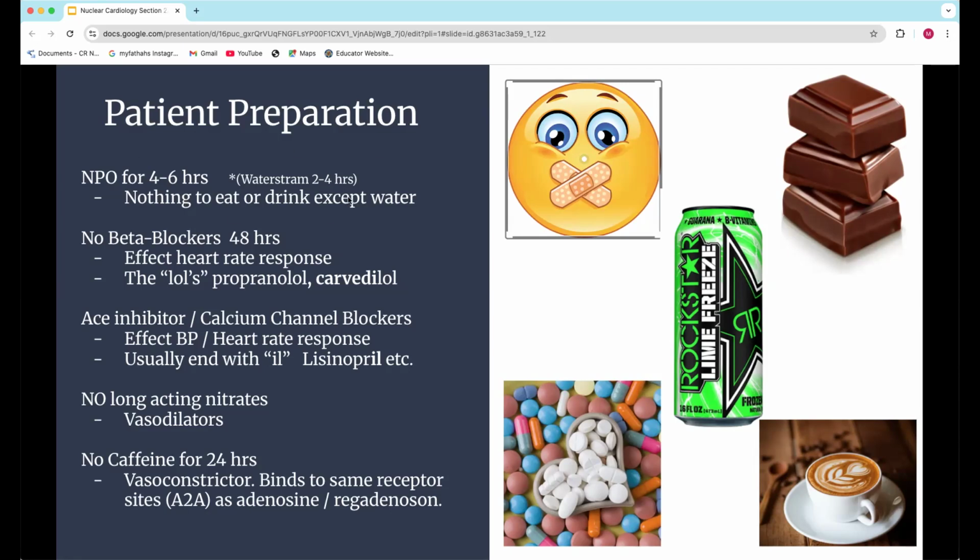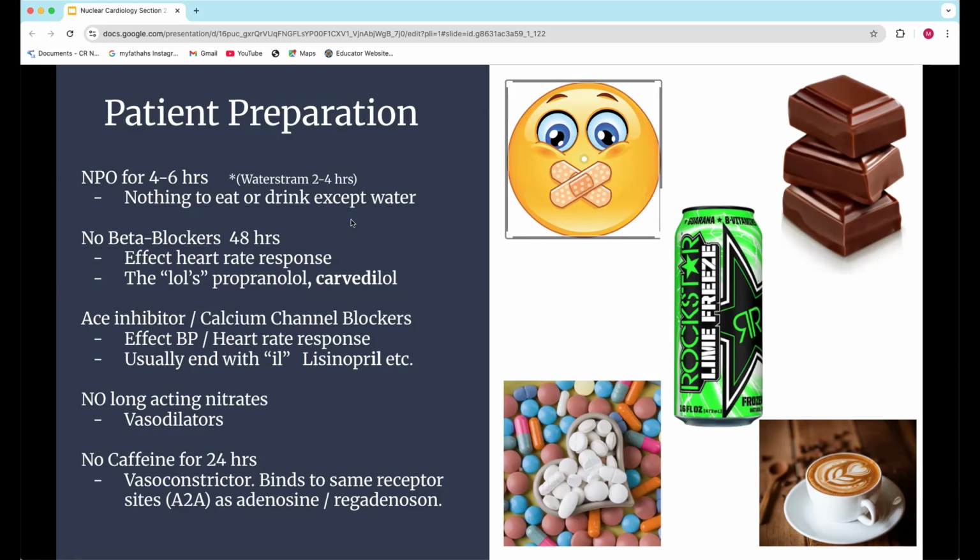One of the reasons, and we'll get into this as we look at images and things that can happen, that we go NPO on these tests is because we don't want active bowel. Remember when we talked about distribution, especially with technetium-based products, you can get distribution within the GI, and you can get it within the liver, hepatobiliary distribution.